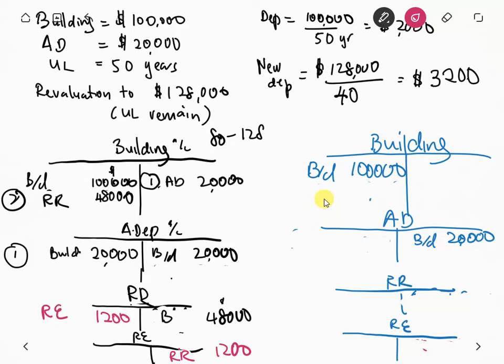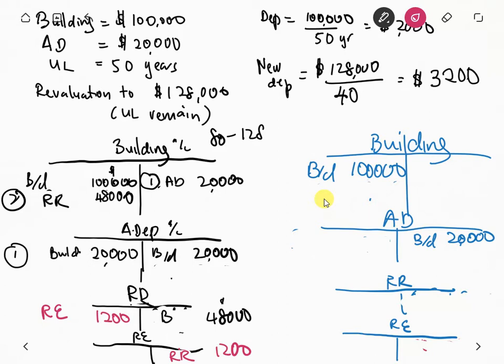Second way, the easiest one, you take 48,000. Every year I must transfer. How many years left? 40 years. You take 48,000 divided by 40 years, 1,200. Every year transfer 1,200, 1,200 for 40 years. Every year you depreciate, every year you transfer. Okay. So now, by how many years everything transfer? 40 years.